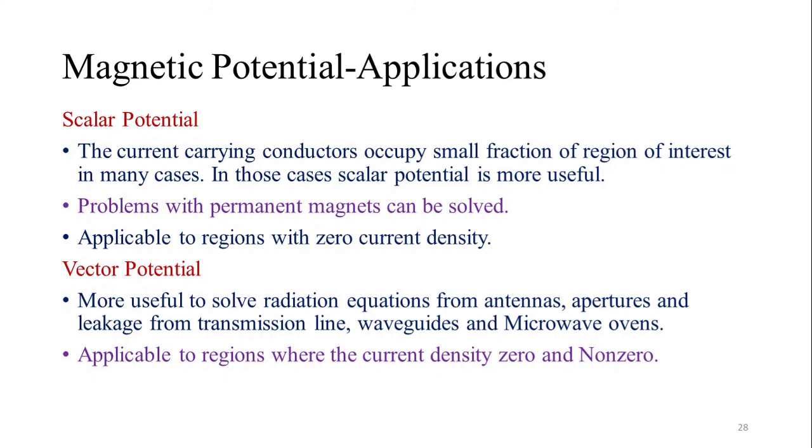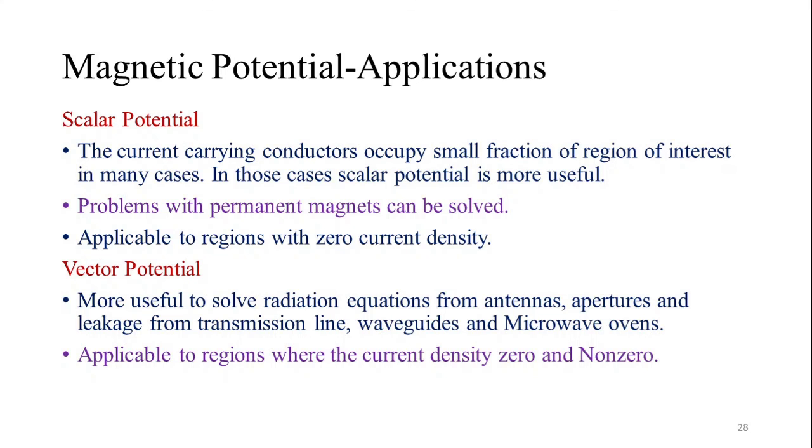Now let's see the applications of magnetic potentials. Scalar potential: if the current carrying conductors occupy a small fraction of the region of interest, then the scalar potential is more useful. Problems which involve permanent magnets can be solved using scalar potential. The only limitation for scalar potential is that the current density within the region must be 0.